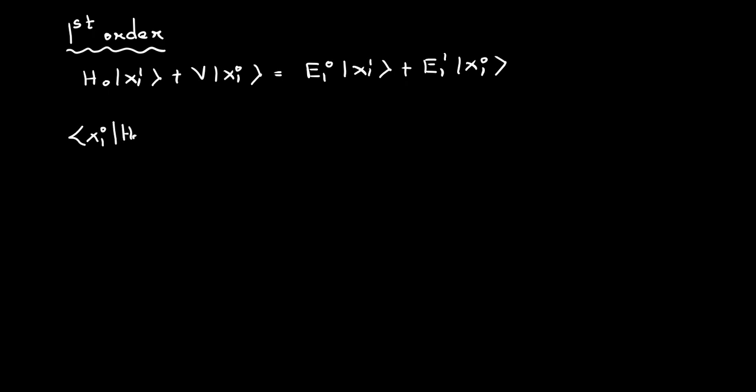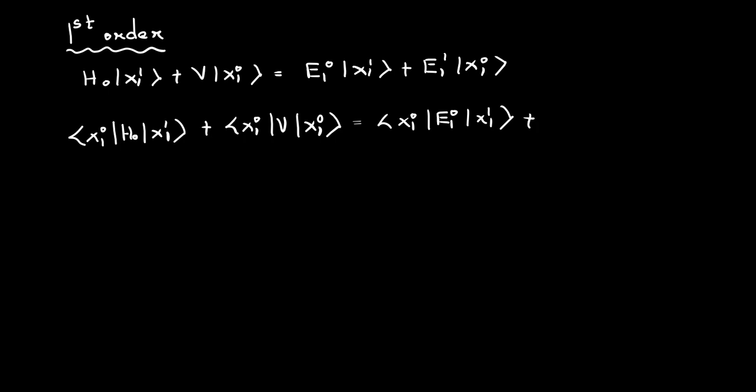Then you have x1 0 v x1 0 on one side, and you have x1 0 e1 0 x1 1 plus x1 0 e1 1 x1 0 on the other. Okay, now it's quite simple.